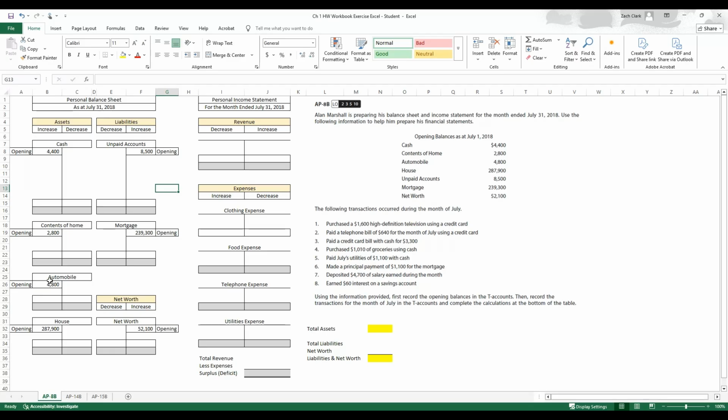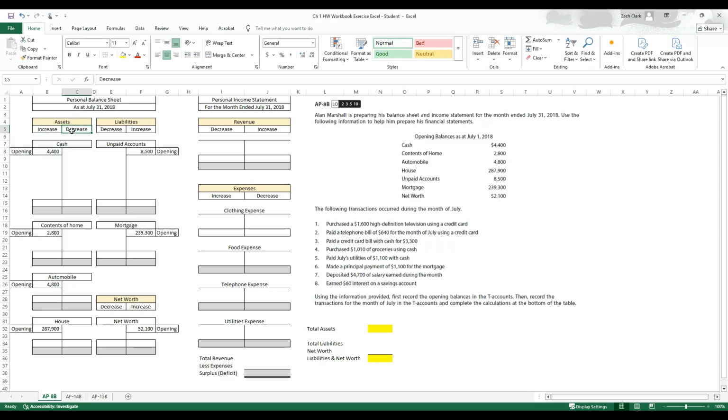And like I was talking about here previously, note that with the increases or decreases on specific sides, that also plays into these beginning balances, because not only do the assets and liabilities and net worth increase or decrease separate on the left or the right side, but when we say we have an opening balance, so just what is the current balance, that we call that the normal balance also, that will be on the side that also increases it.